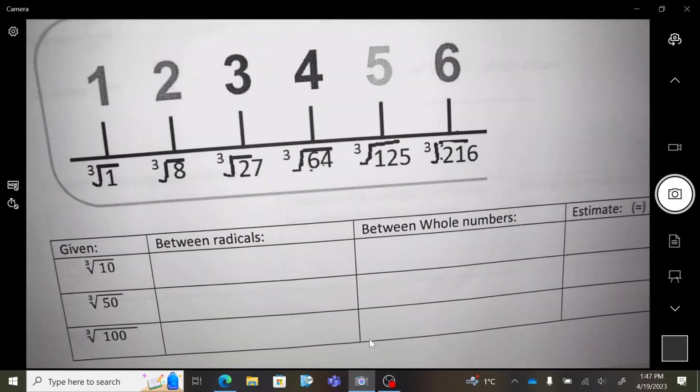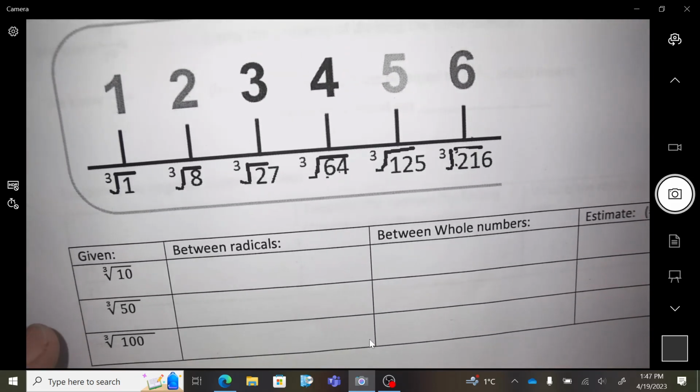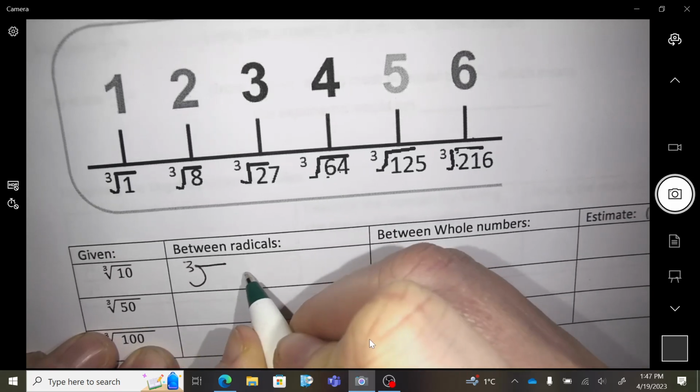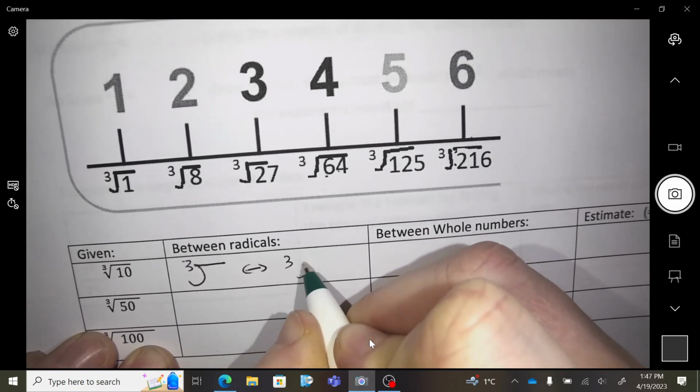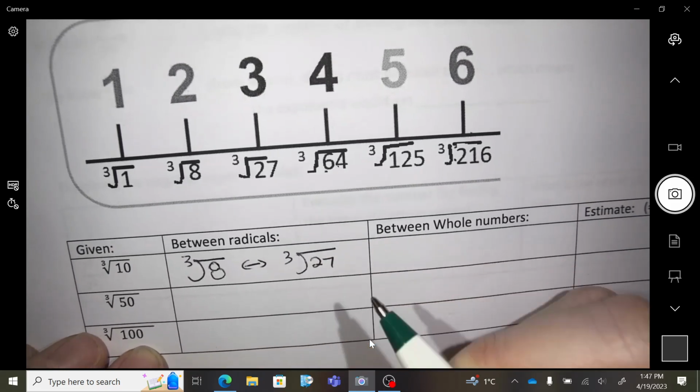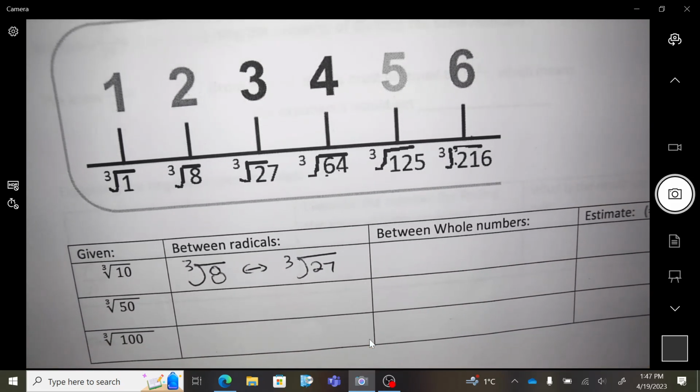Okay, here's my number line. The cube root of 10 is between what 2 cubes? 8 and 27. Would we agree? 10 is between an 8 and a 27.